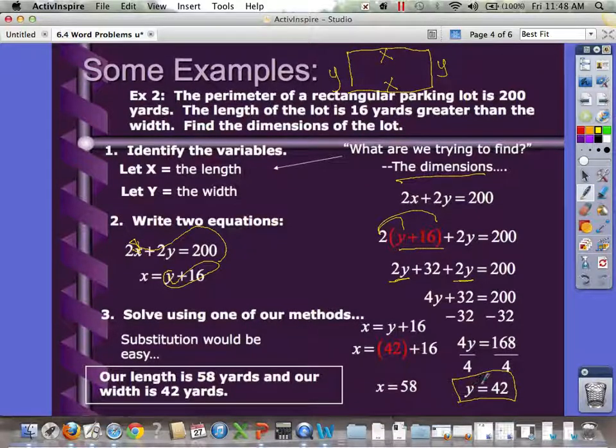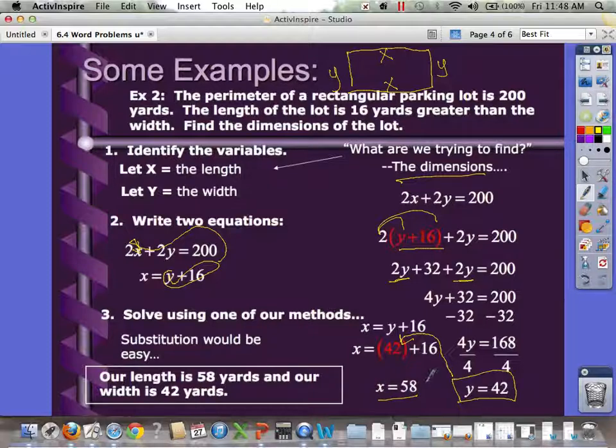Now, whenever we substituted, I told you to plug it into the equation that was solved for a variable. And then you have very little work to do at all. So you take this 42 and you plug it in right there. So then 42 plus 16 will give you 58.